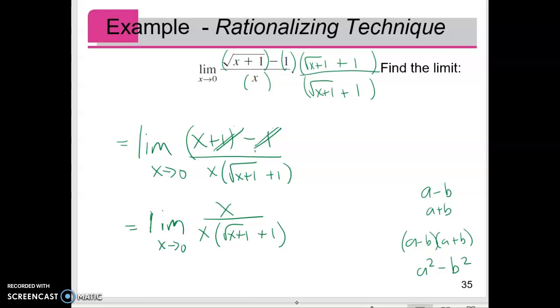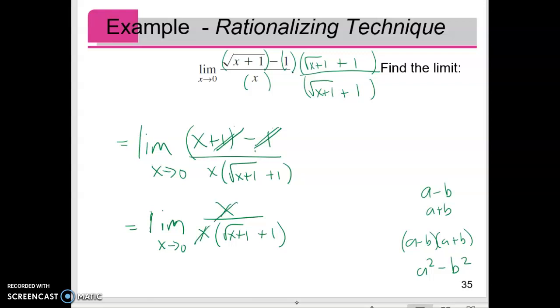And here's, remember, the goal is to plug in 0. I didn't even say that at the start. We can't plug it in because I'm dividing by 0. But if I multiply by this form of 1, I'm going to get a function that's the same everywhere except at x equals 0. Sort of like our dividing out technique.